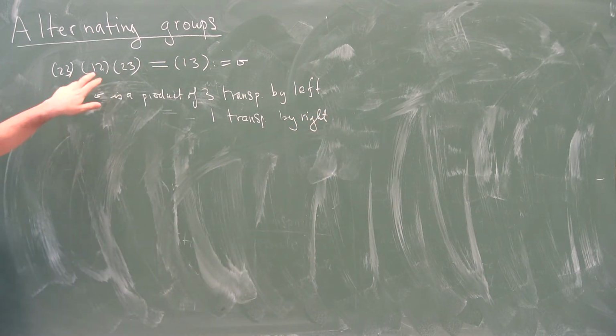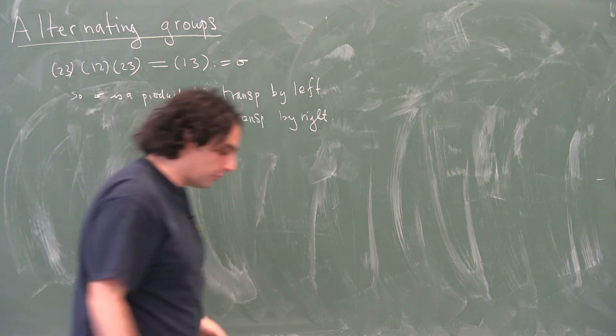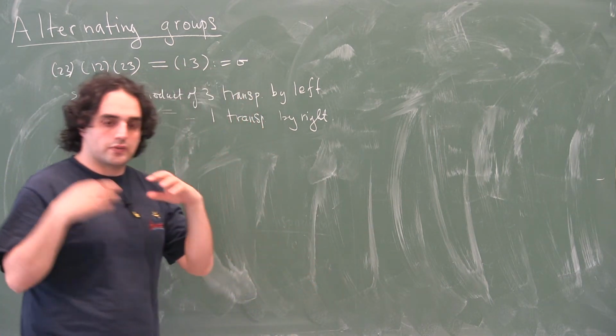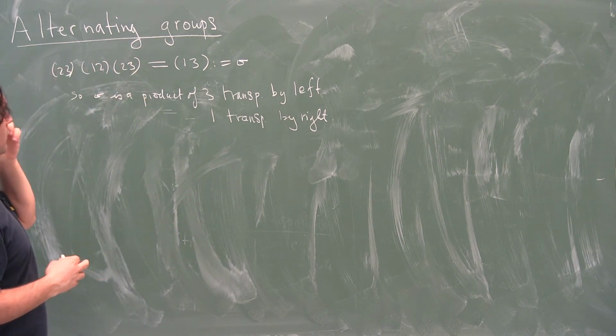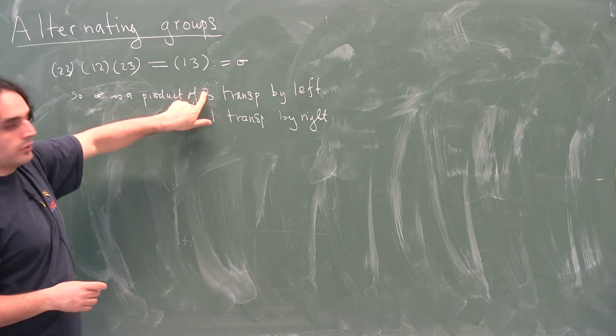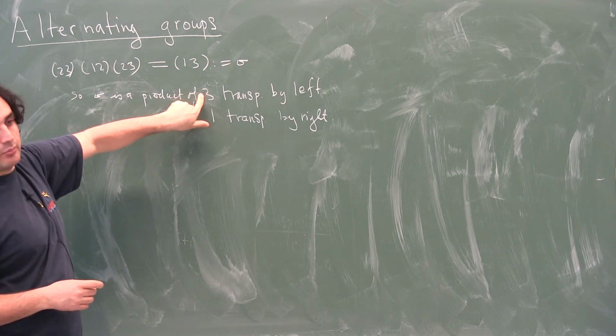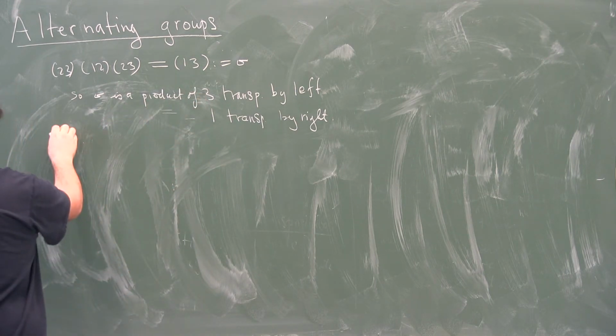Of course, this product is not disjoint, but when we said that every permutation is a product of transpositions, they're not required to be disjoint. But 1 and 3, while different, have the same parity, so we're okay. This is not a contradiction to what I said before.